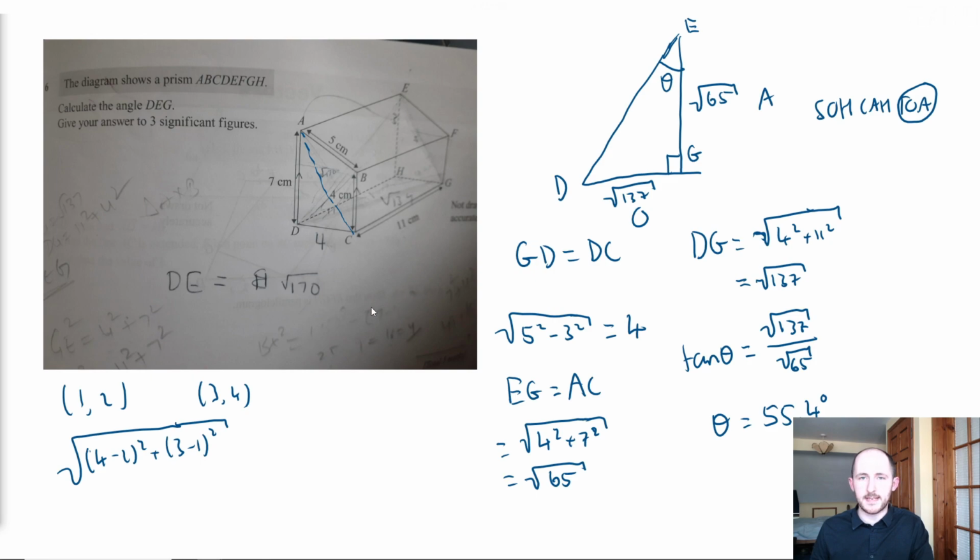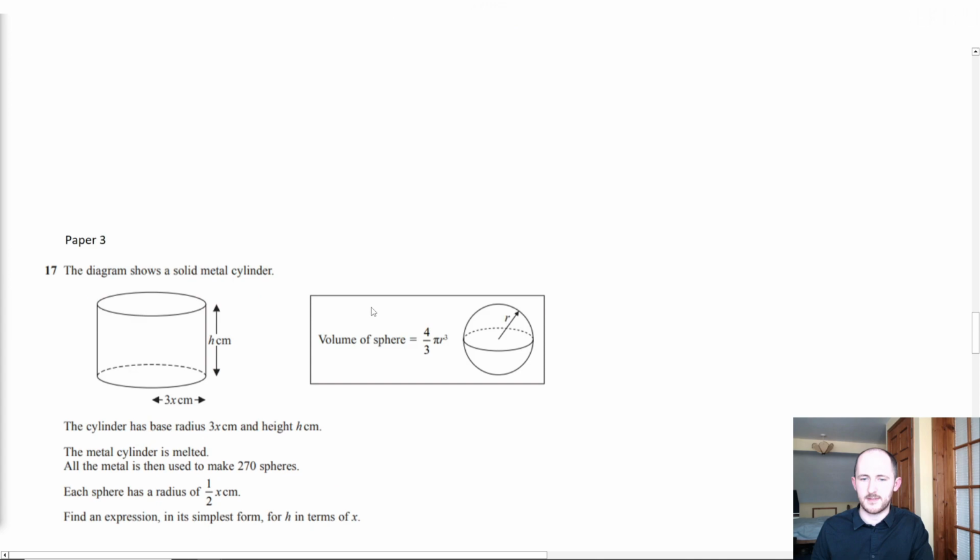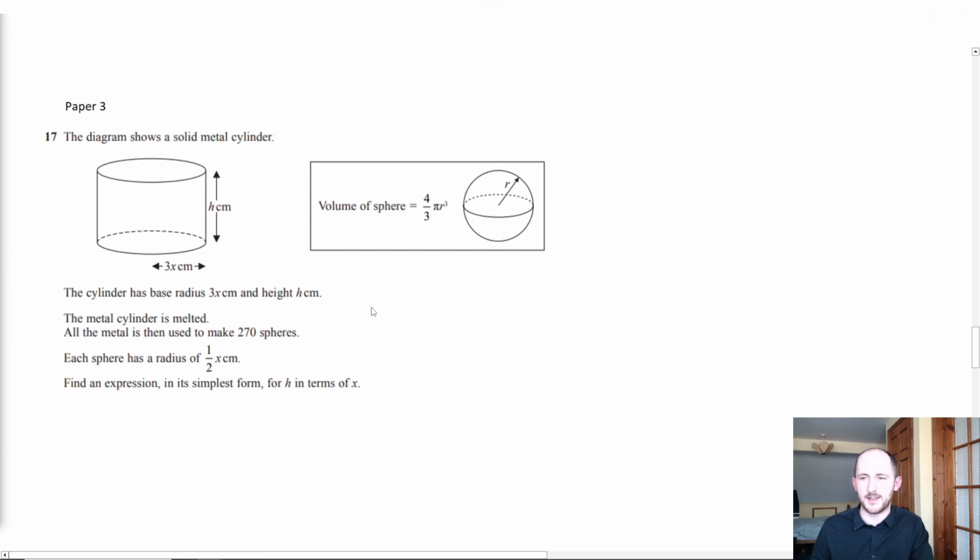This next one I did write down was paper 3, because the person in the email, and I'm sorry I forgot your name, told me it's paper 3, so I can use a calculator. The diagram shows a solid metal cylinder with these measurements. It's melted down and used to make 270 spheres.